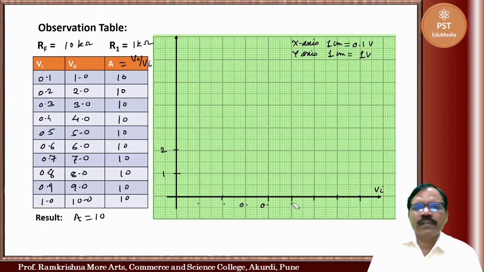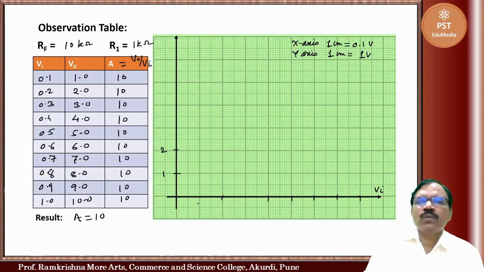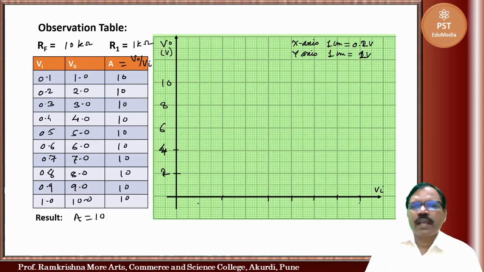So here we will take on the x-axis 1 centimeter is equal to 0.2 and here 2 volt. So you will have here 2 volt, 4 volt, 6 volt, 8 volt, 10 volt, V0 in volts, and here we have Vi, so we can take 0.2, 0.4, 0.6, 0.8 and 1.0, and here it is 0.